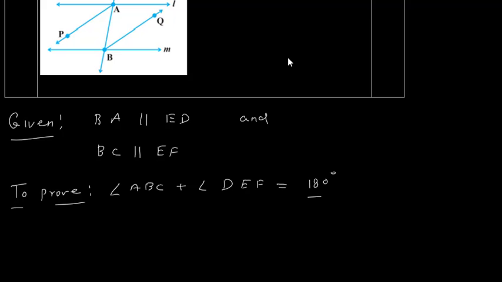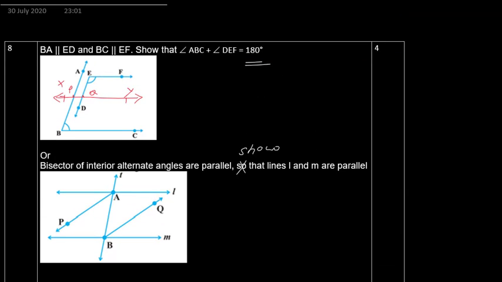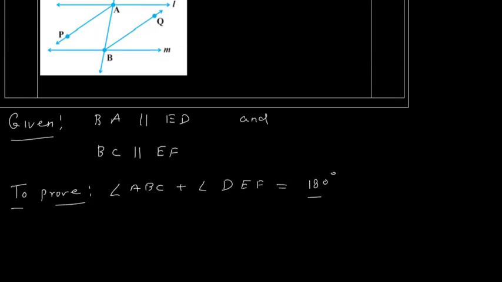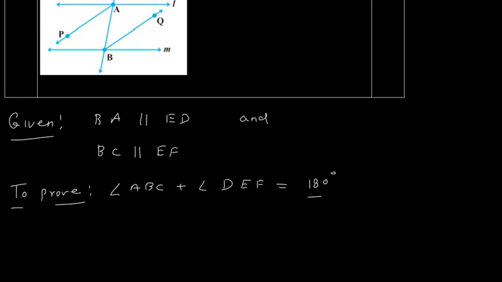Okay, we have to prove this. Fine. Angle ABC plus DEF is equal to 180 degree. This we have to prove.